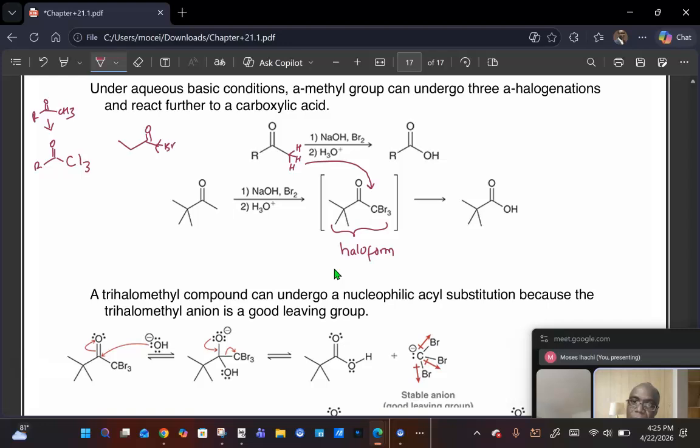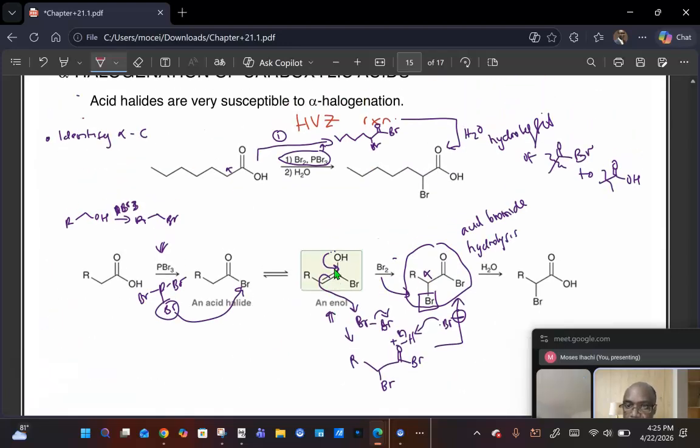If you do this reaction here, it's likely to give you a bromine also here. I know we did it here, but it was acid catalyzed. You see how the bromine is put there? Then you have a bromine there, and then you hydrolyze, you get this. So that's the same problem here.